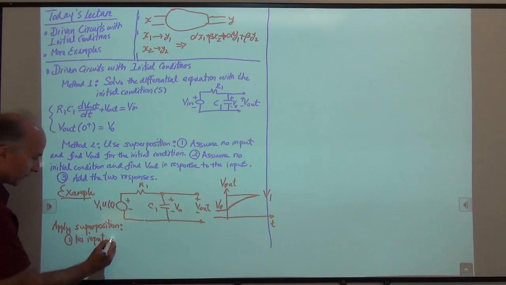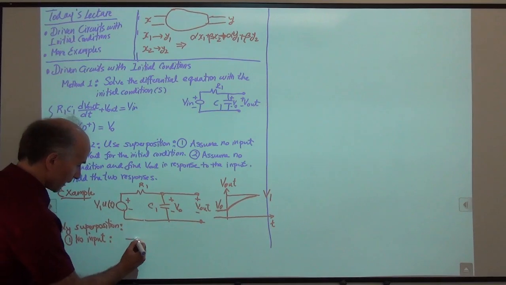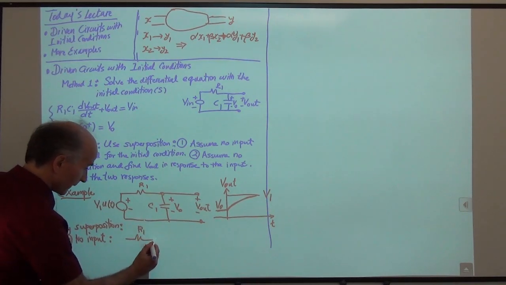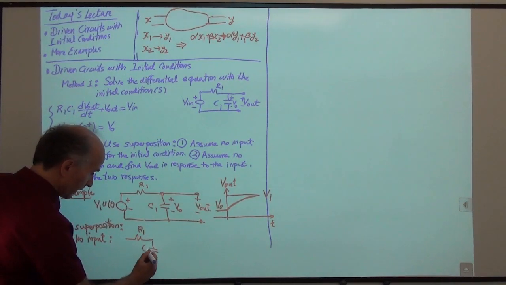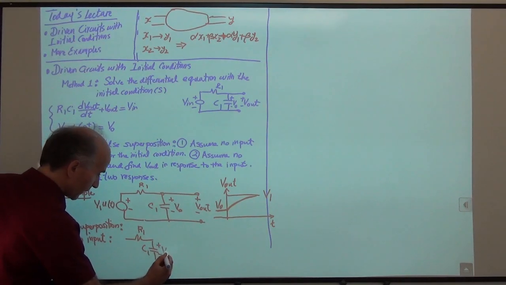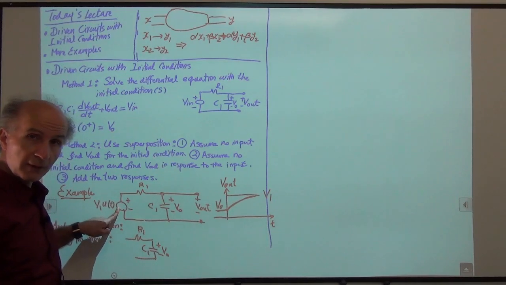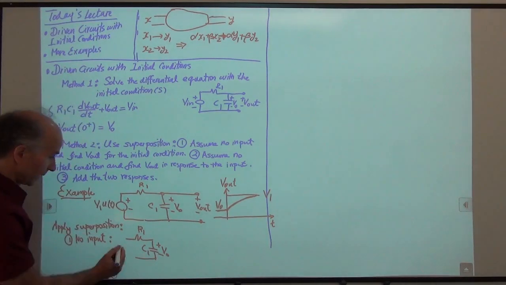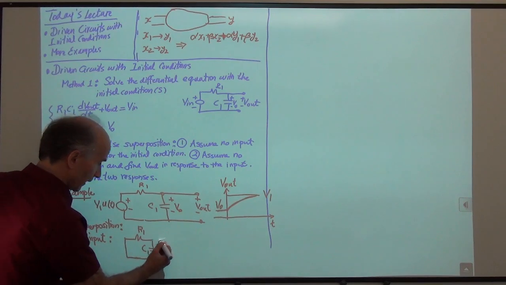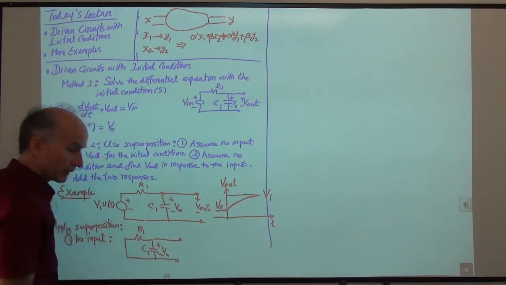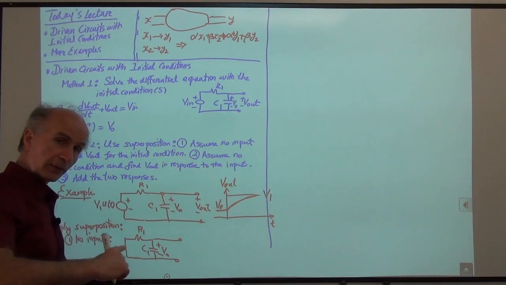If there's no input, then we have just this, R1, C1, with an initial condition of V0. And this is a voltage source. When we set a voltage source to 0, it becomes a short circuit. So it's a short circuit here, and we're interested in this voltage. That's easy, right? One cap discharging through a resistor.